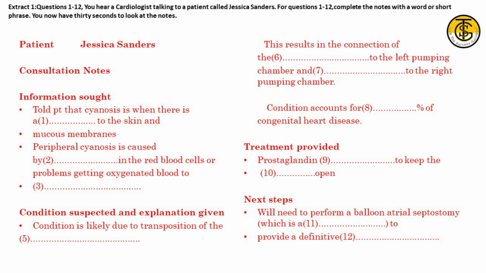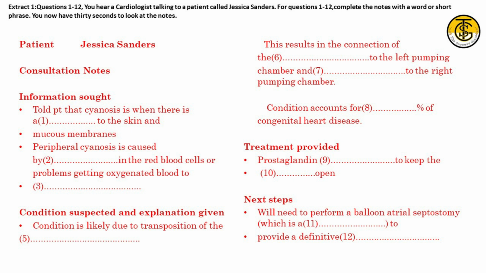How common is this? Transposition of the great arteries accounts for up to 5% of congenital heart disease, and it's the most common cardiological cause of cyanosis in newborns. And how is it being treated? We started a prostaglandin medicine to keep the ducts open because it closes naturally after birth.